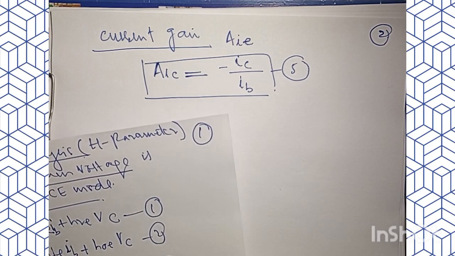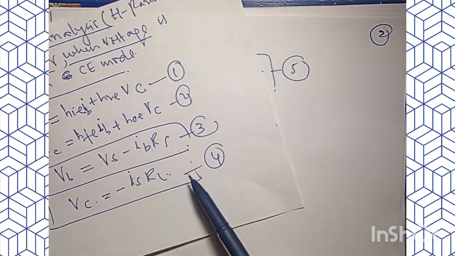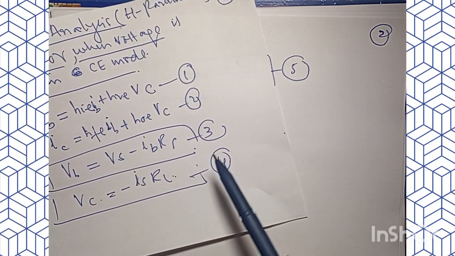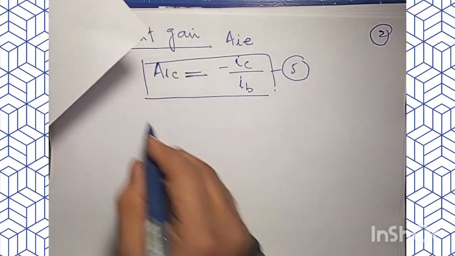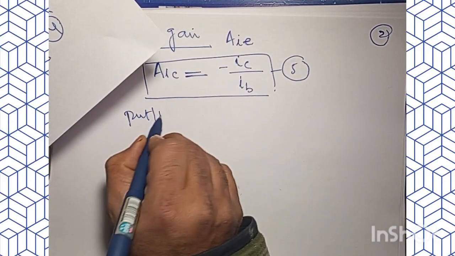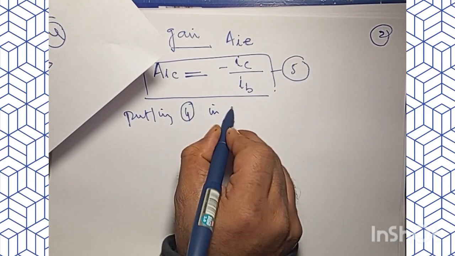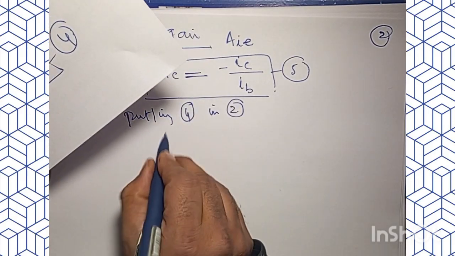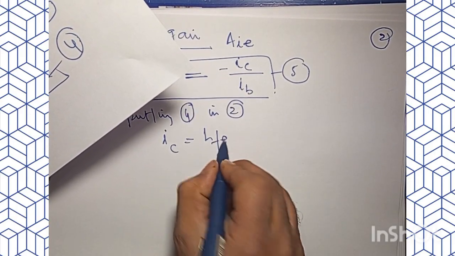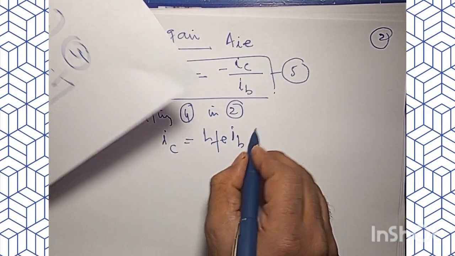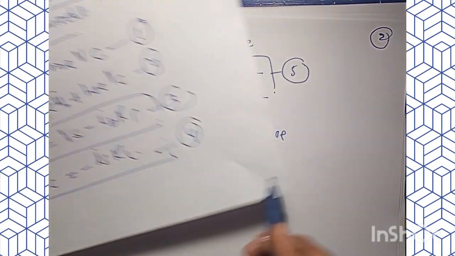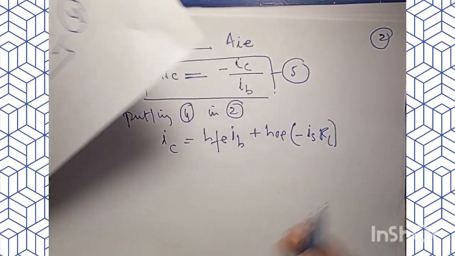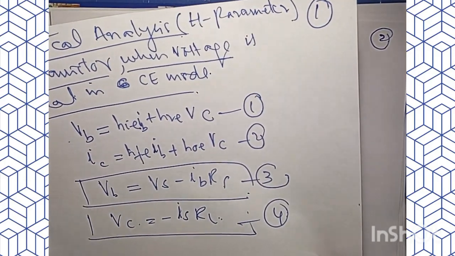Now, I would like to put equation 4 in equation 2. So putting 4 in 2, here I have VC. What will be my collector current? That will be HFE IB plus HOE VC. Now this VC is minus ISRL, that should be the case, right?